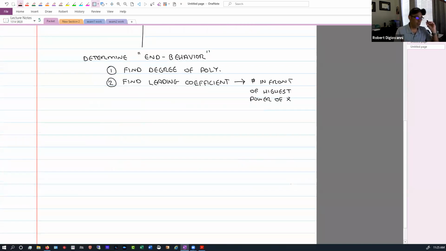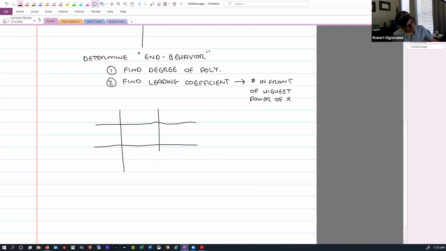So here's how you do it. I'm going to make a table because a table makes this easier to understand most of the time. In this table, I'm going to put LC for leading coefficient.